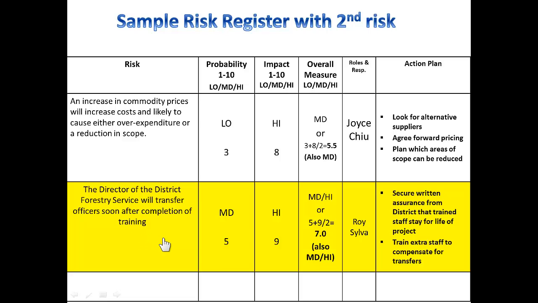The people who prepared this risk register said that it's mid-level probability, or level 5. However, they said if the risk does happen, if the transfers do take place, that's going to be really bad. So they gave that a 9, or high. As you can see from the ranking, the second risk is probably the one that needs priority attention. Take a look at the action plans for the second issue.